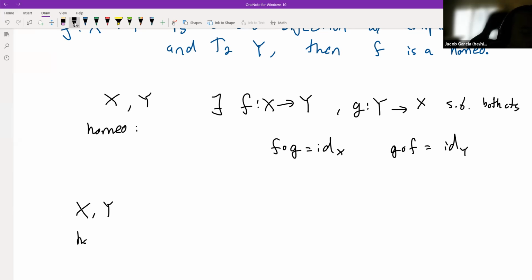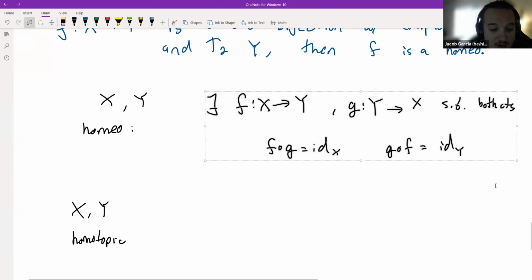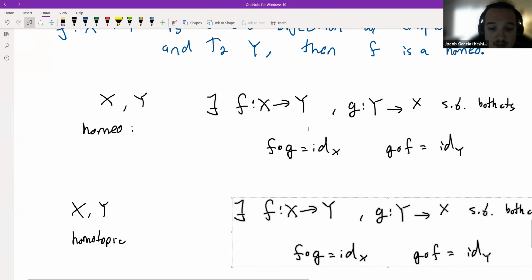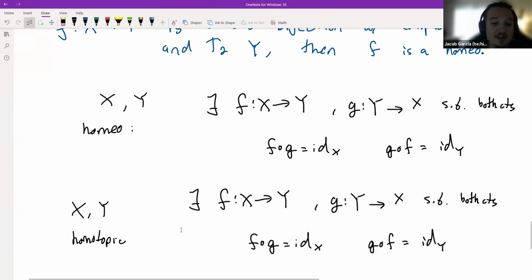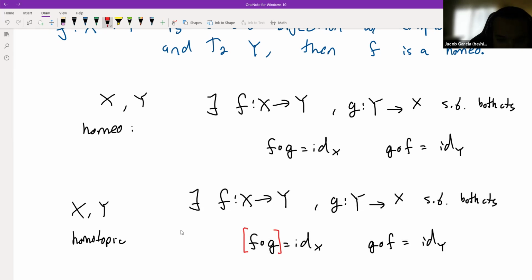X and Y are homotopic. And I'm going to do something cheeky, which is going to make it hard for you to write notes for, but easy for me to do. I'm going to copy, and I'm just going to add homotopy brackets.